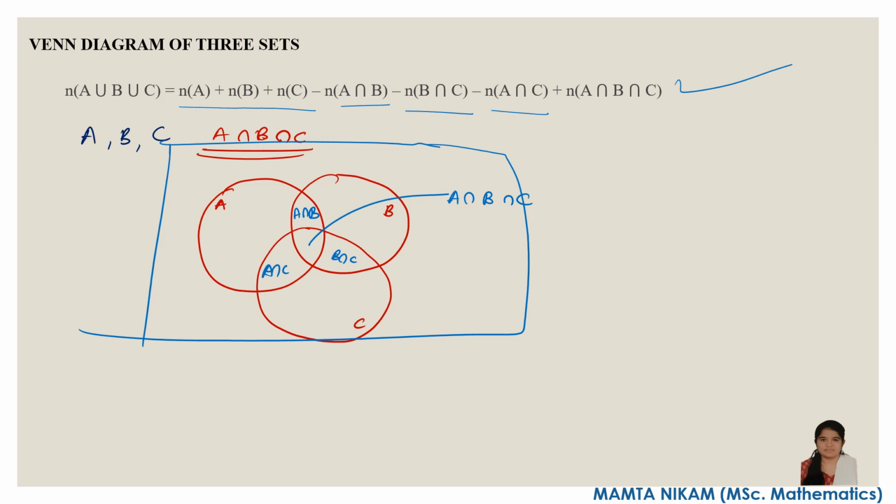Now why is this necessary? We will be discussing further examples wherein you will be given a case, say there are 30 students, out of which 10 students read an English newspaper and 10 students read a Marathi newspaper.